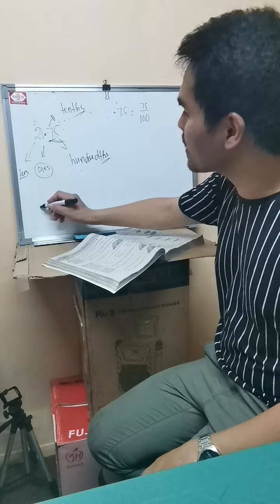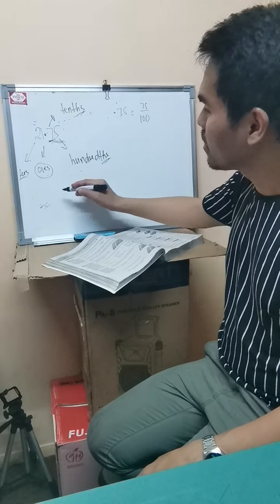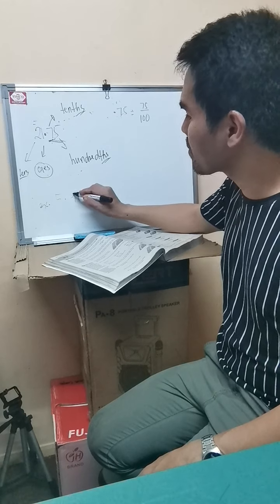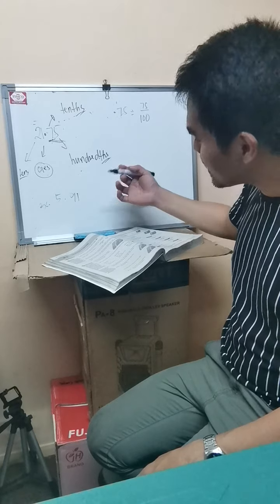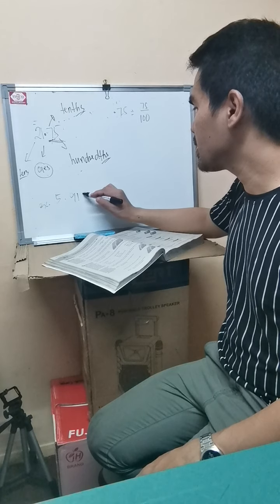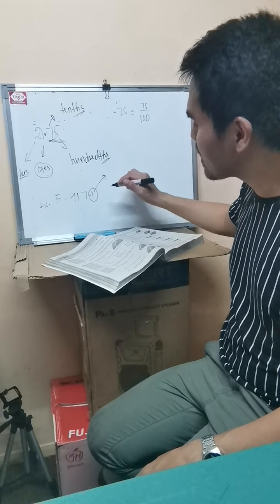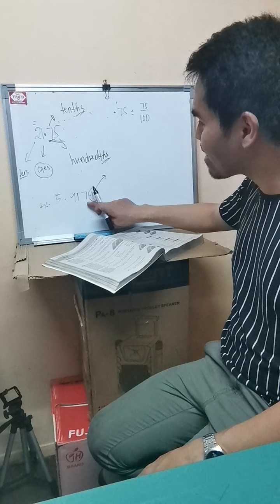So let's have another example: 5.91. In this case, let's add more: 7, 9. As you notice, this is written as tens, hundreds, thousands, ten thousands.